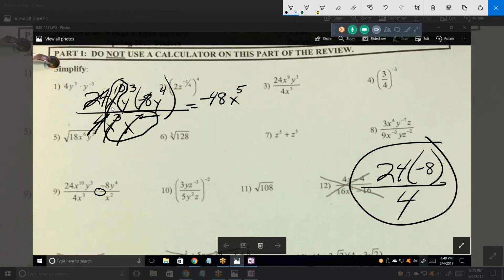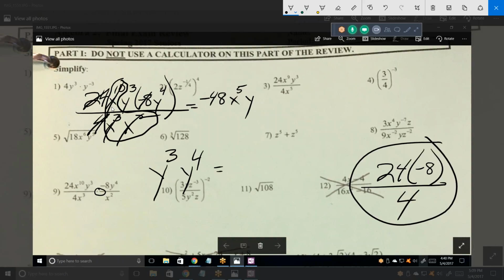The only thing we have left is y. What is it? You got a y to the 3rd times a y to the 4th.